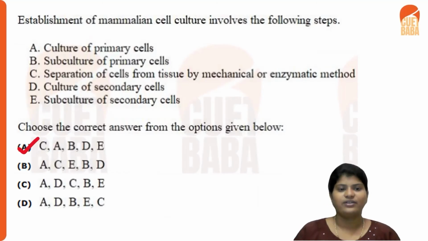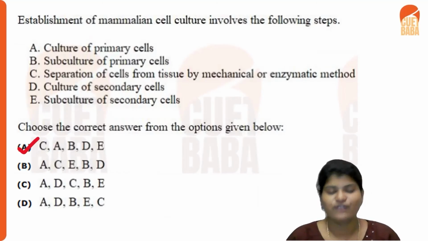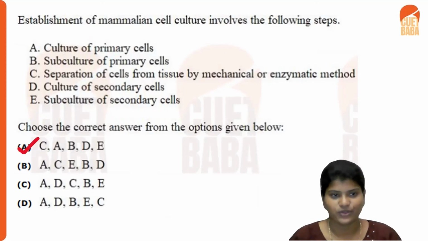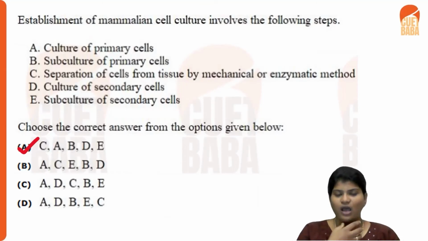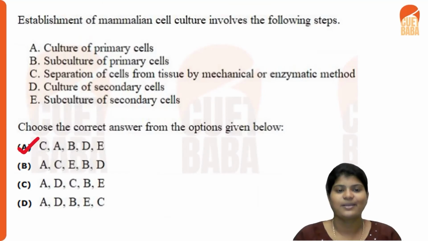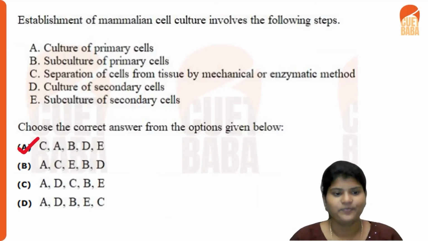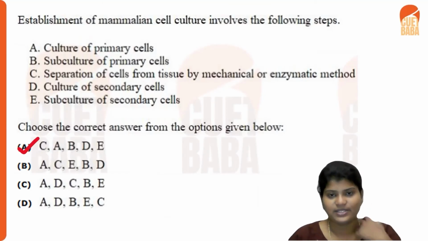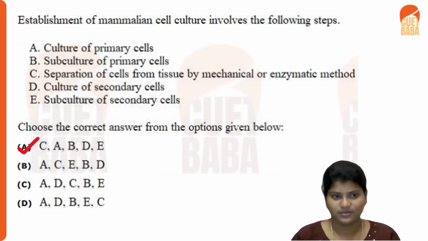Okay, so after the growth of primary cell culture, we need to go for the subculturing process to check the stability, to check how long the cells can be sustained. For that, the subculturing of primary cells needs to be done. After that, we move on to the secondary cell culture.